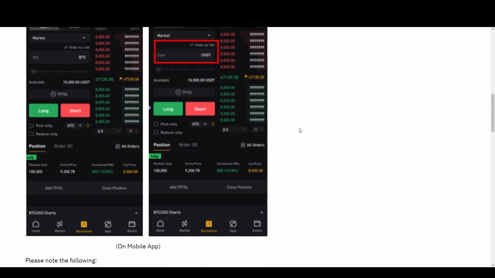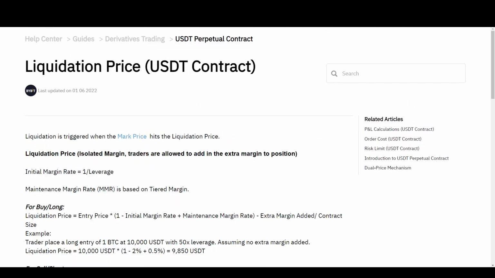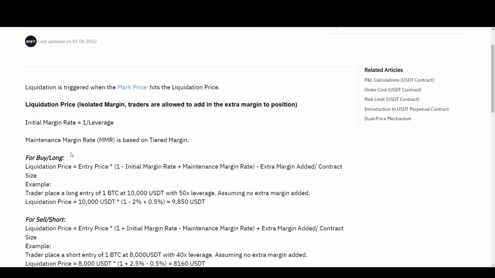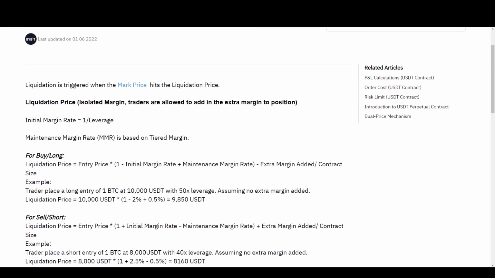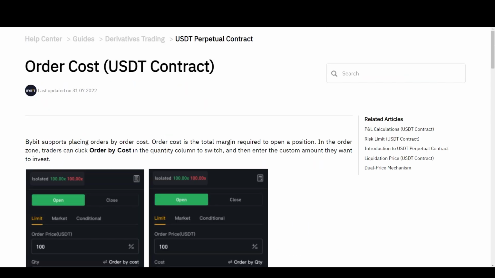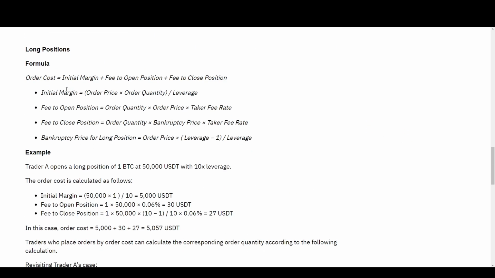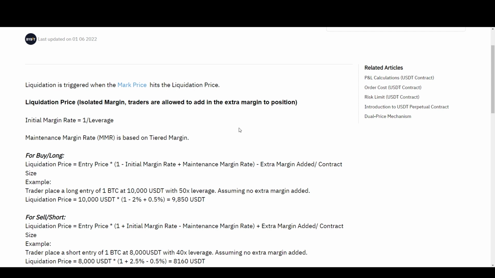That's for USDT contract. It says for USD contract, initial margin rate is 1 divided by leverage. Initial margin, order price times order quantity divided by leverage.